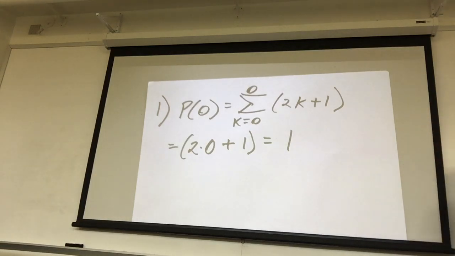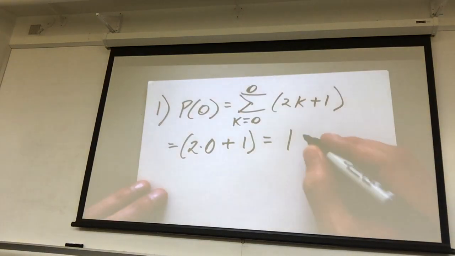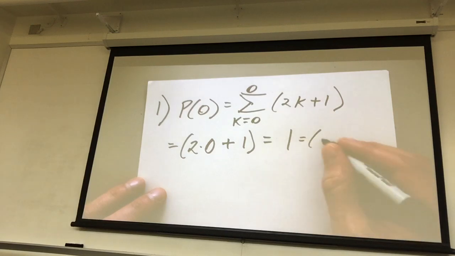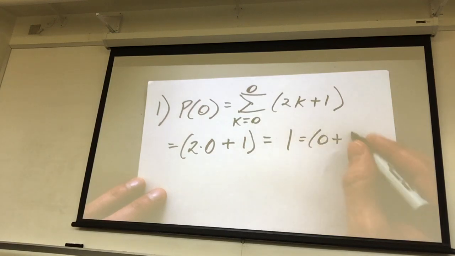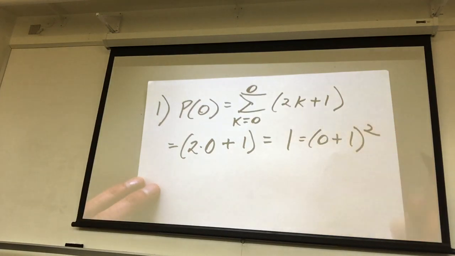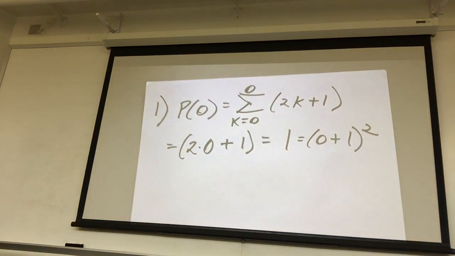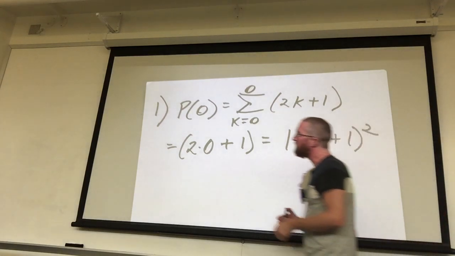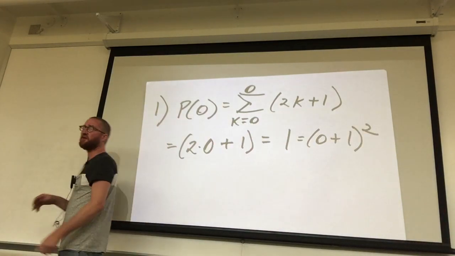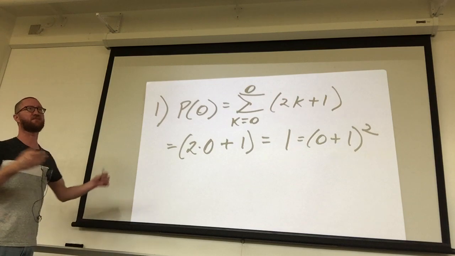And then we want to verify that this actually equals 0 plus 1 squared. Now this might seem kind of trivial, but no, you have to do this first step. Okay, so just verifying it for the initial position, or P of 0.